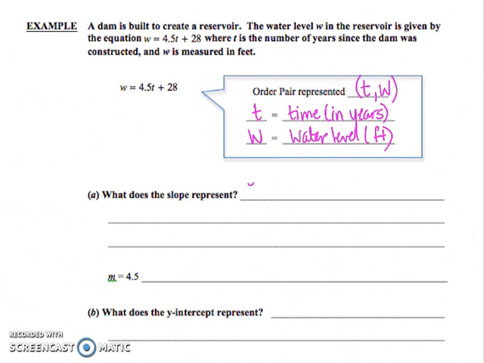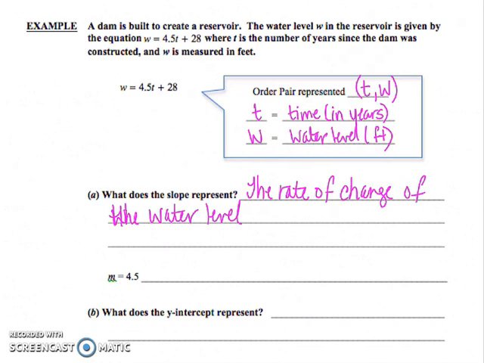Well, in this problem, the slope represents the rate of change of the water level with respect to time. m equals 4.5 means, that's our slope, right?